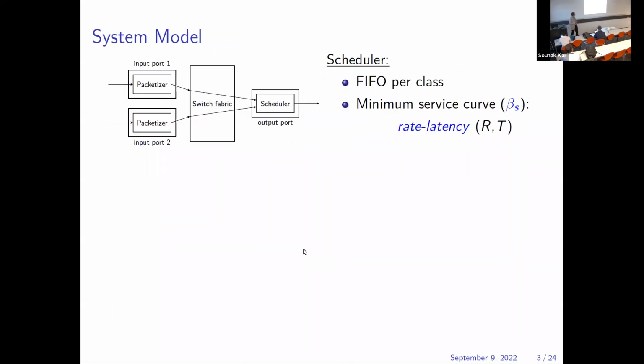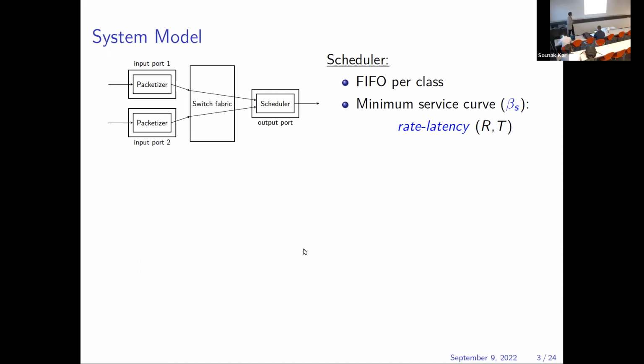Before presenting all these algorithms, I will introduce the system model. We consider a packet switched network. Each device in the network contains an input port, a switch fabric, and an output port. Inside each input port, we have a packetizer that releases the data when the entire packet is received.